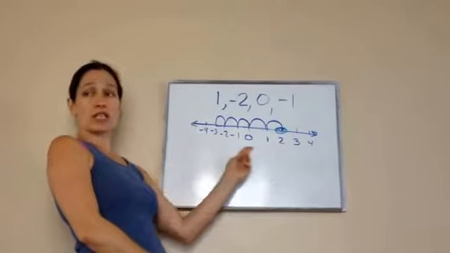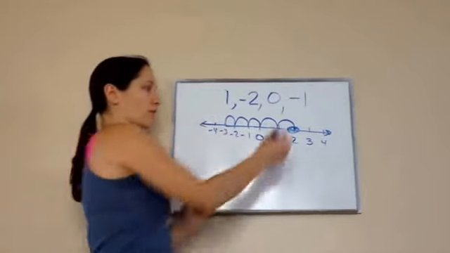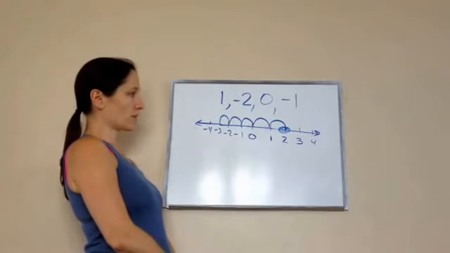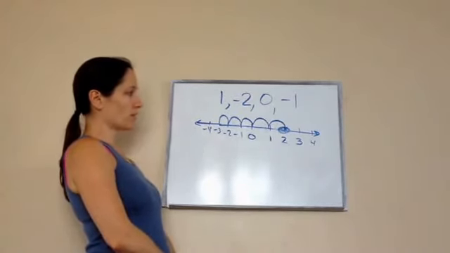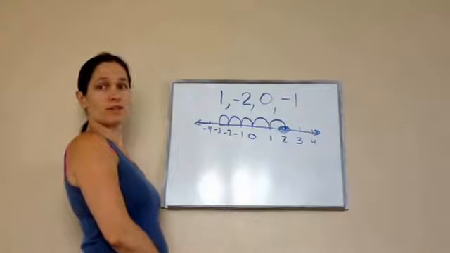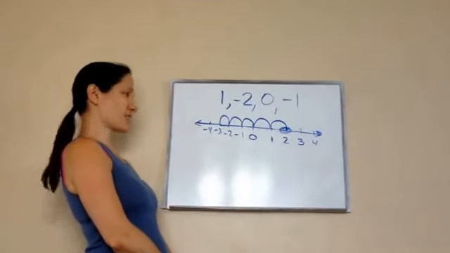It helps to look at this chart. Okay. Greatest to least. 1, 0, negative 1, negative 2. Yes, you're exactly right.